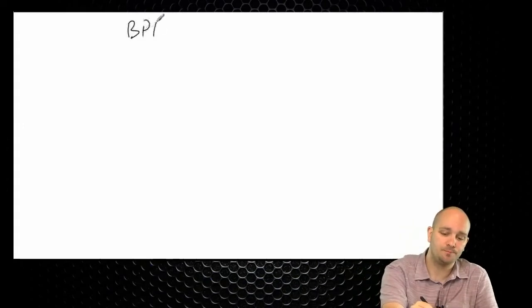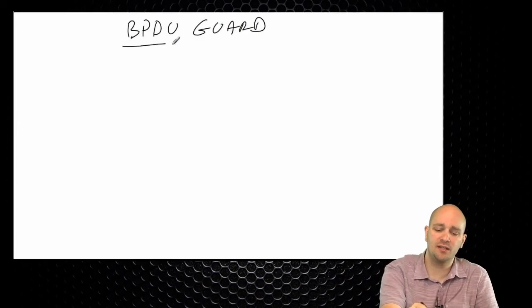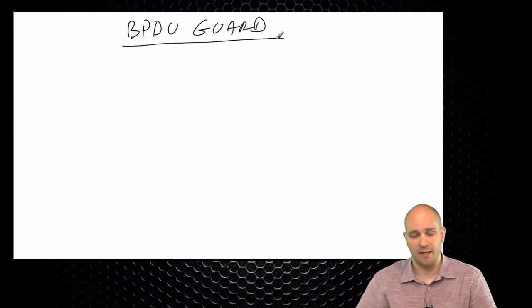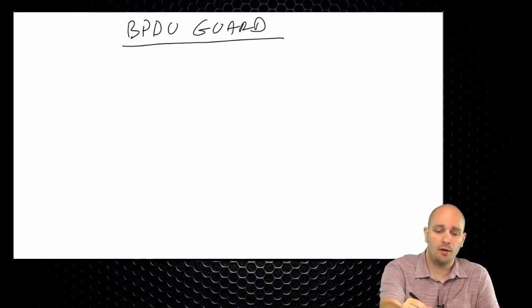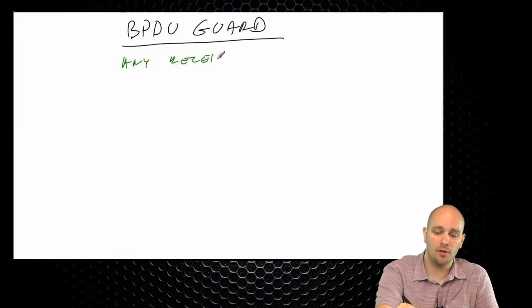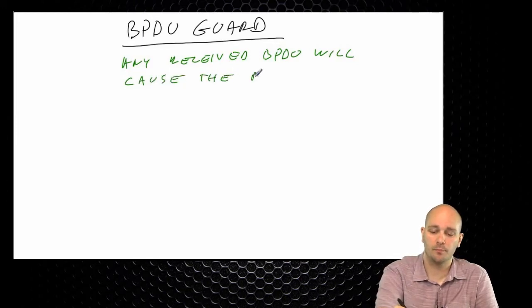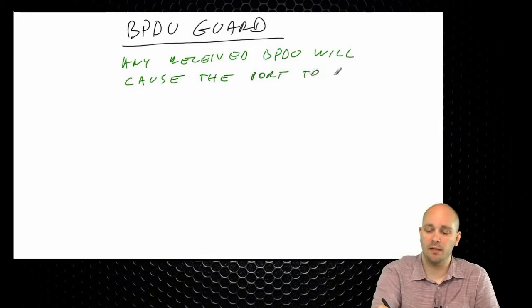Now, one of those features is BPDU guard. BPDU guard is a relatively easy feature to explain. Any received BPDU will cause the port to be error disabled.